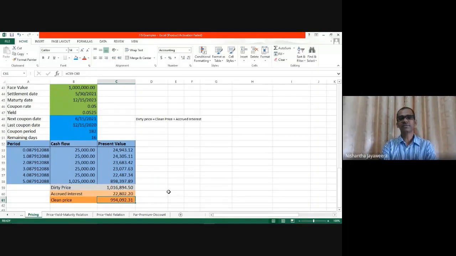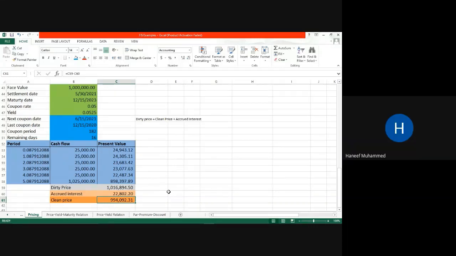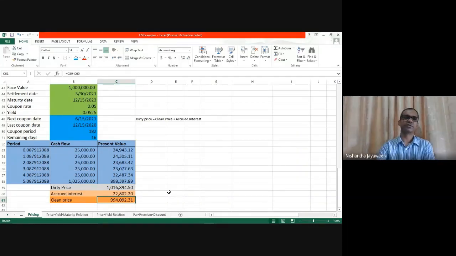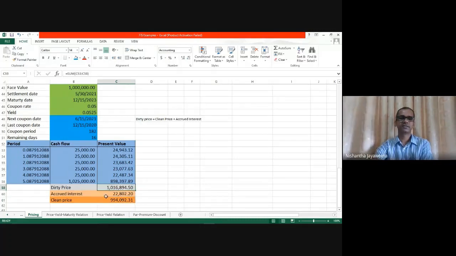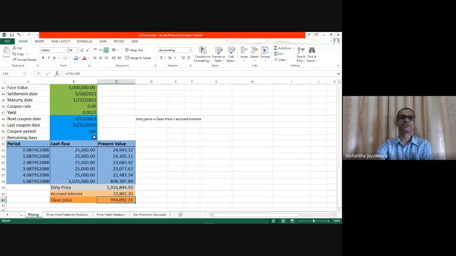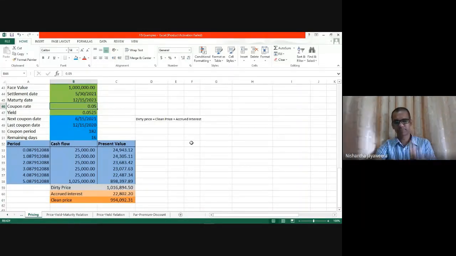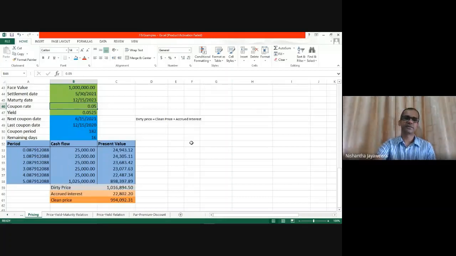Now tell me whether this bond is trading at a premium or a discount. Discount. Still at a discount. Don't go by this dirty price. Go by the clean price. It is less than the face value, and you can see it according to our theory. We said when the yield is higher than the coupon rate, it will be at a discount.